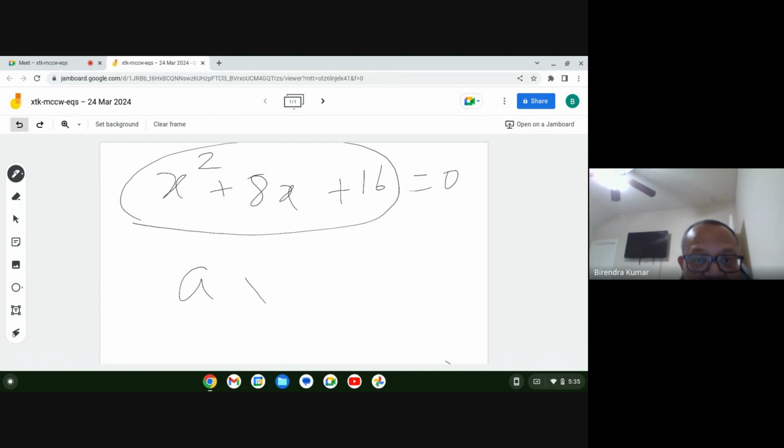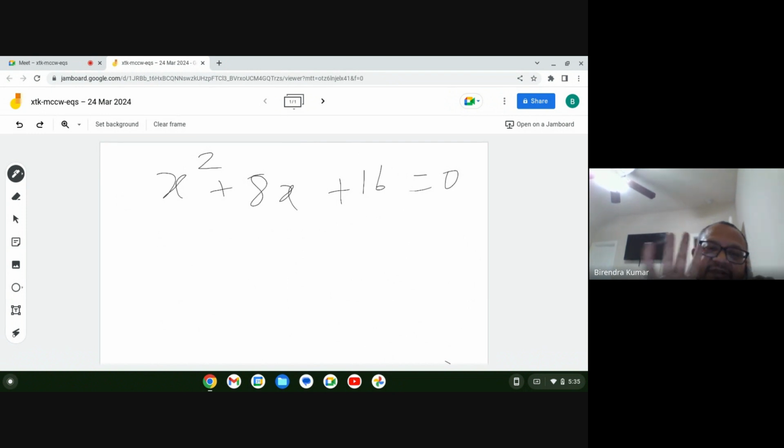Again, I'm trying to do it afresh so that you guys can relate. Let's say this is a sum that you guys have given me as homework. If I'm the student and you guys are the teacher, I got this question. First thing I will do is, okay, x square plus 8x plus 16, is this one of the identities? I know there are three identities that I'm very clear about.